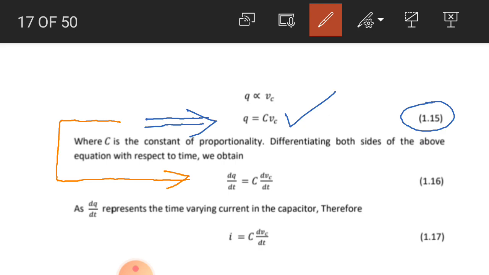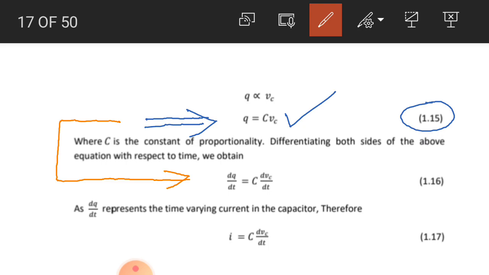We know that the charge on the left hand side is a time varying charge. The magnitude of the charge on the plates of this capacitor varies with time. Similarly, the voltage across the capacitor is a time varying voltage. The voltage across the capacitor varies with time as well.